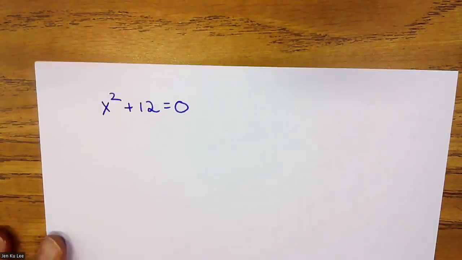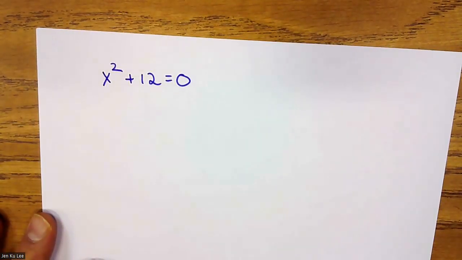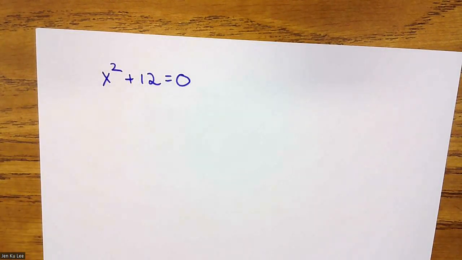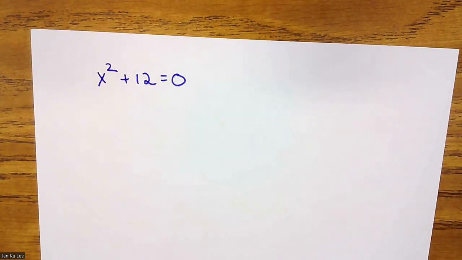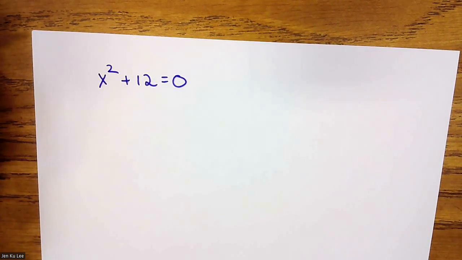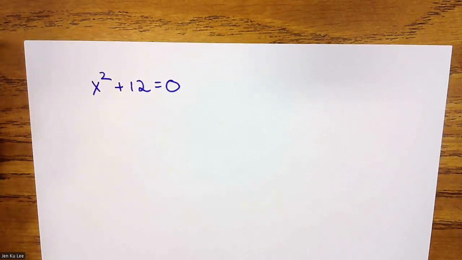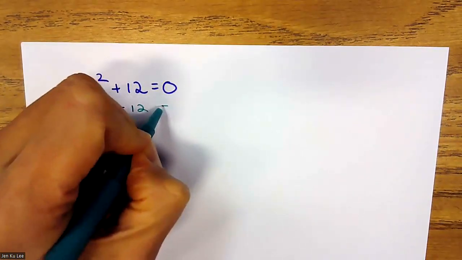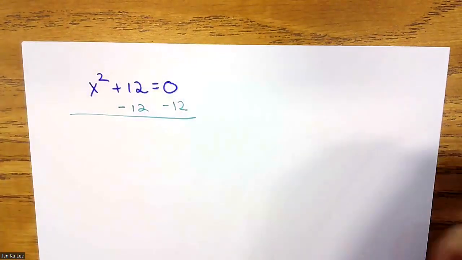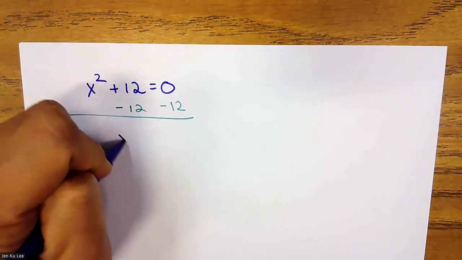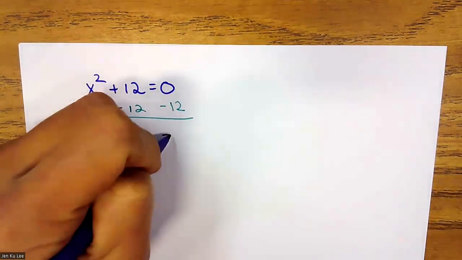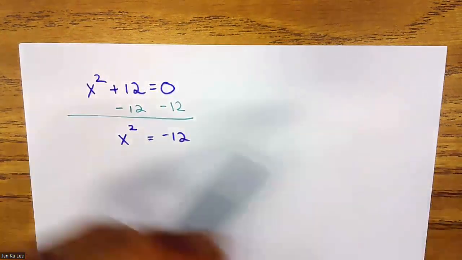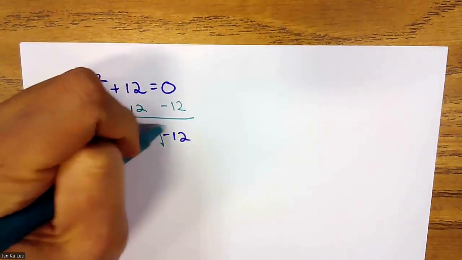So if we have x squared plus 12 equals 0, again, we are going to try and isolate x squared by subtracting 12 on both sides. X squared equals -12. And then square rooting both sides.